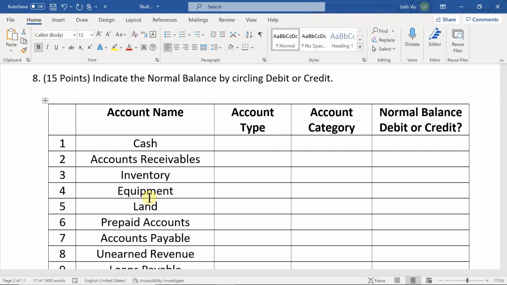I will give you options. Example here: A, assets, other, debit. B, assets, current, debit. And C would be expense, other, credit. Okay, so those are the options I'm going to give you.